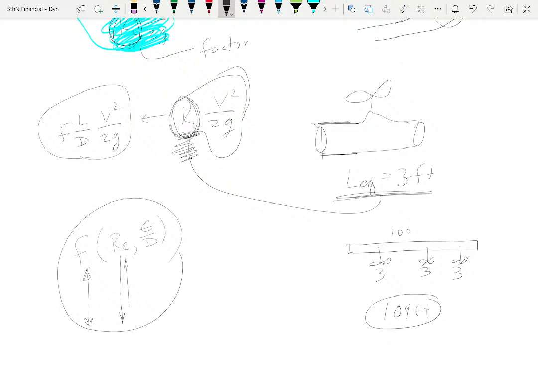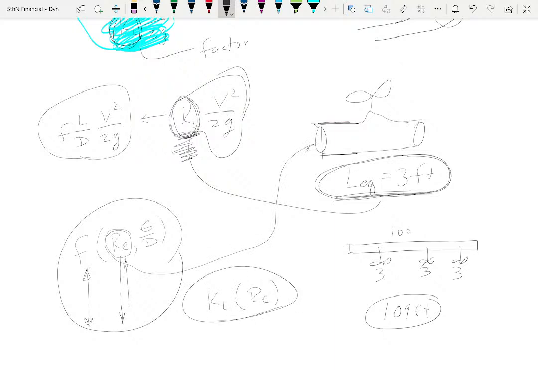It makes sense that you would supply this as an equivalent length, because if you're pushing very slow flow through there, you're not going to have as much turbulence, and if you push high, you're going to have more turbulence. So K_L is probably going to be a function of the Reynolds number anyway. If it's a function of the Reynolds number anyway, just deliver the equivalent length to the customer.